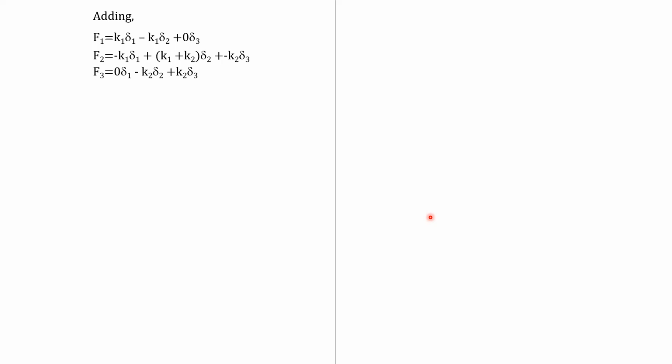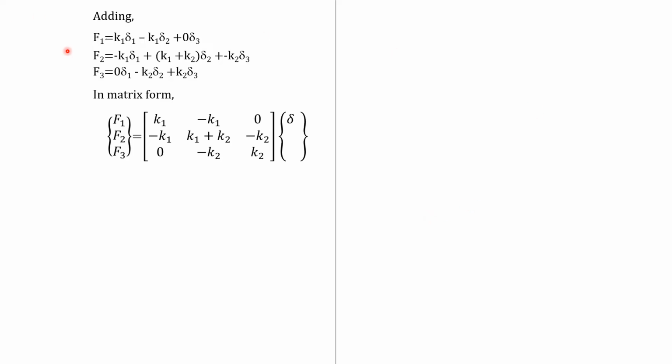F3 equals 0 delta 1 minus K2 delta 2 plus K2 delta 3. So in matrix form, we have F1, F2, F3 equals K1, negative K1, 0, then negative K1, K1 plus K2, negative K2, then 0, negative K2, K2, and we have delta 1, delta 2, delta 3.